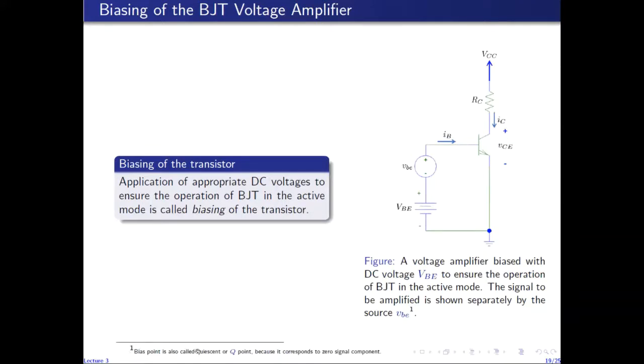The bias point is also called the quiescent point or Q point because it contains zero signal component. The DC components of IC and VCE have no contribution from the signal. That is why they're also called the quiescent point, Q point, or operating point. So there are different names for the same quantity: bias point, operating point, Q point, quiescent point. All of these terms refer to the DC content of the output current and voltage corresponding to the DC biasing voltage at the input.